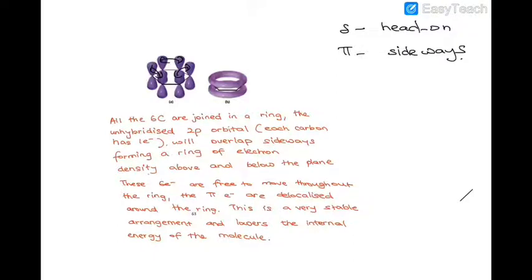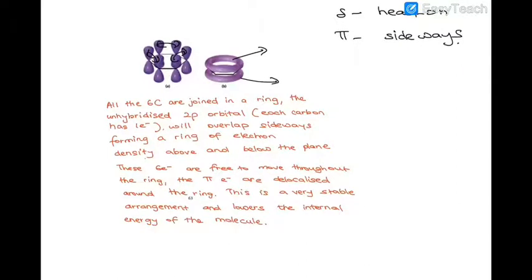So there's overlapping on top of the plane, and there's overlapping at the bottom of the plane as well. So you end up with a cloud of electrons on the top of the plane and at the bottom of the plane. So all 6 carbons are joined in a ring.